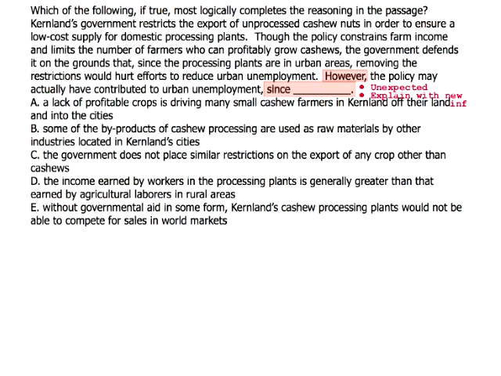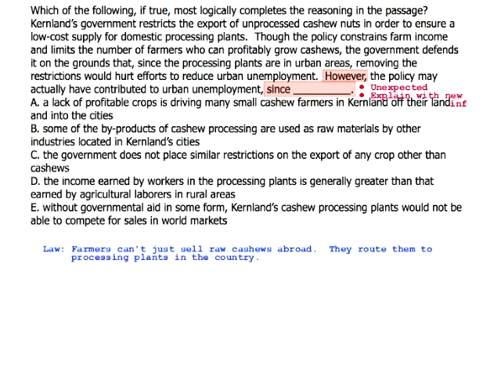So basically, because the law says farmers can't just sell raw cashews abroad, they route them to processing plants within their country. So this policy, obviously anything that reduces their market is going to be bad for them. So this policy is bad for farmers.